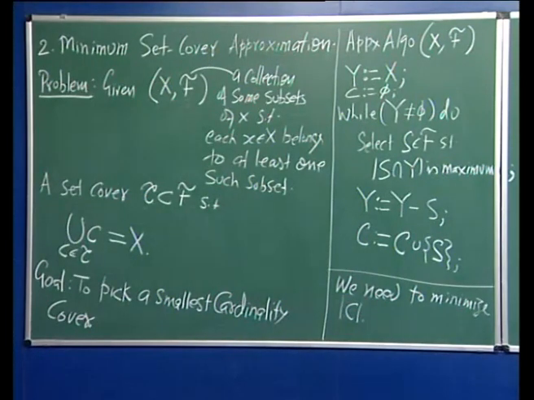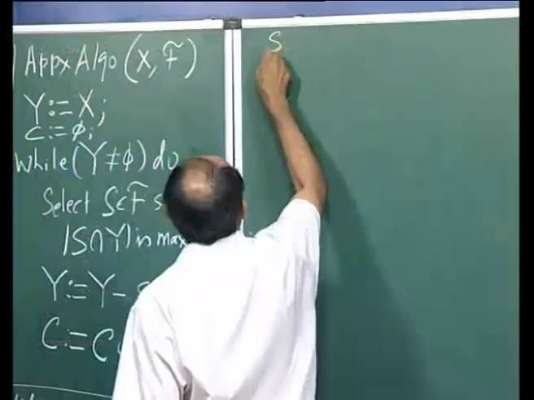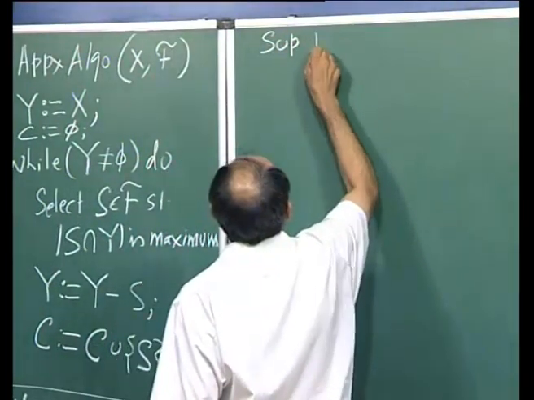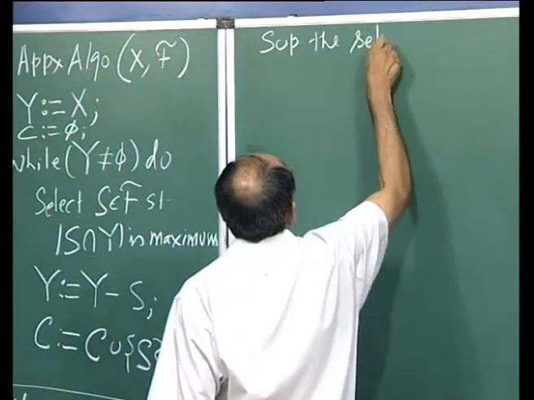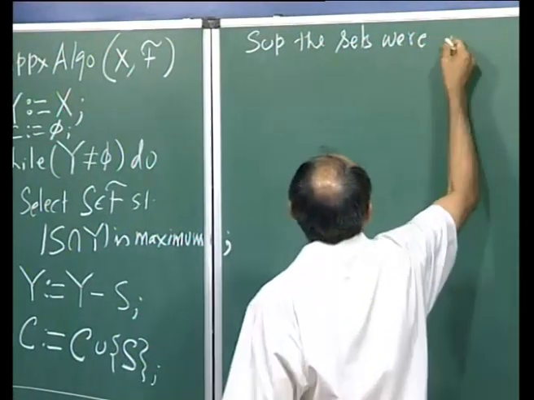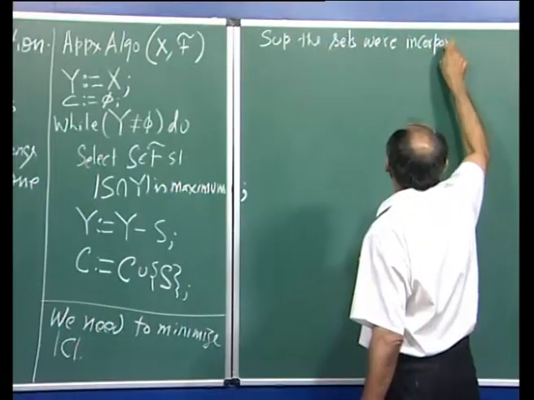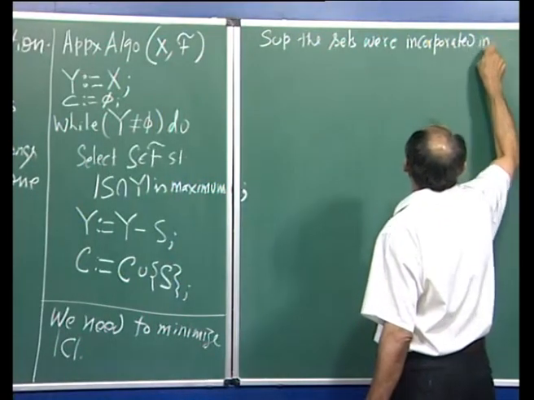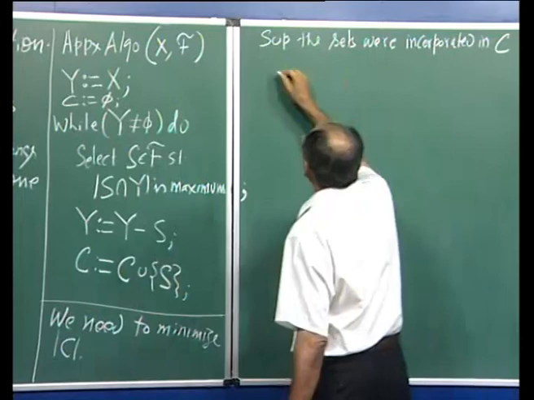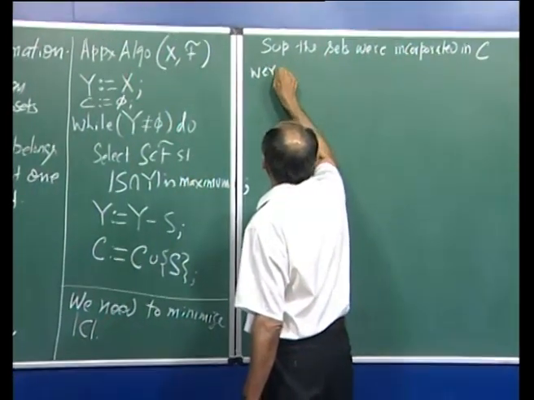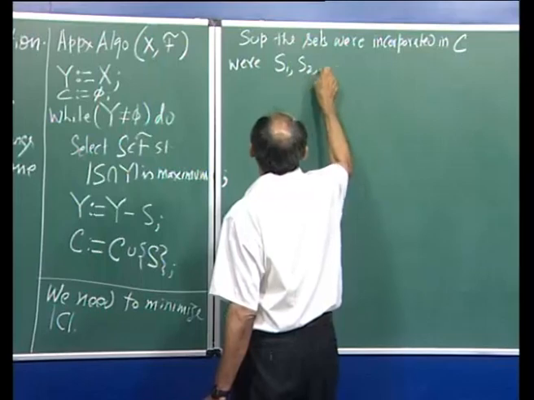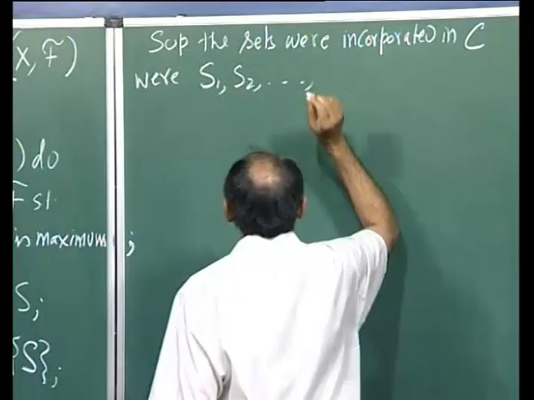Okay. Now, let us try to determine the cost of the elements in some random set S. Suppose the sets incorporated in C were S1, S2 and so on.